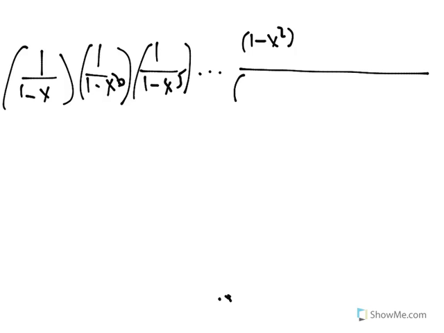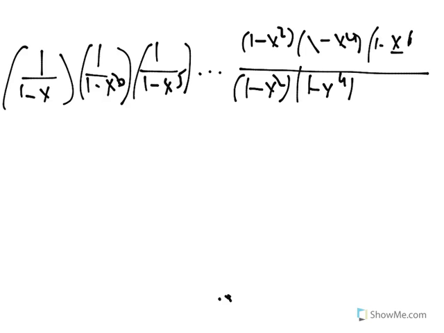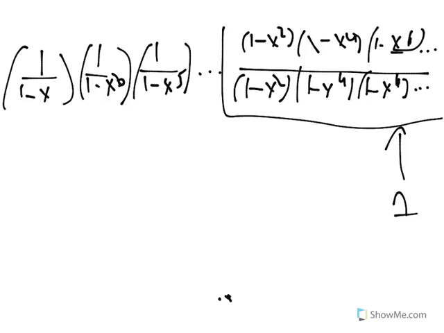And his thing that he's choosing to multiply by is 1 minus x squared times 1 minus x to the 4th times 1 minus x to the 6th, going on for both of them. So basically this is 1. We're multiplying top and bottom by 1, so we're not changing the value of this thing on the left. Well, each of these things is a difference of perfect squares.